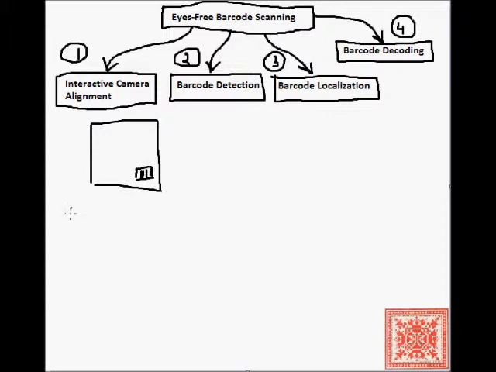So if you think of this as a surface, and somewhere on that surface there is a barcode, and here's a mobile phone with a camera, you can think of it as a flashlight.